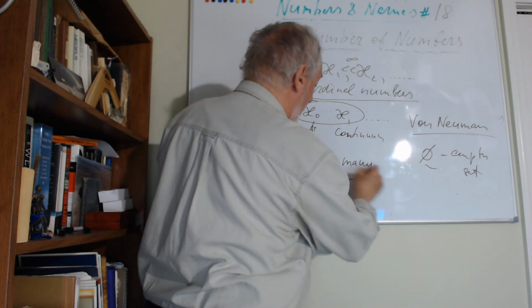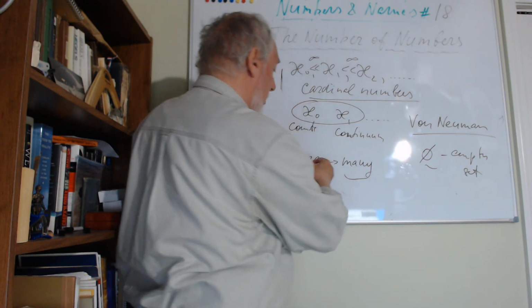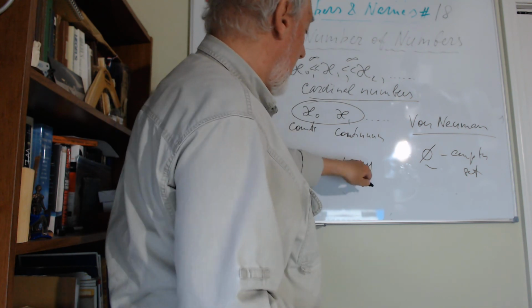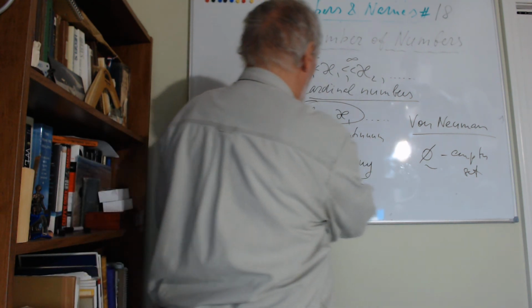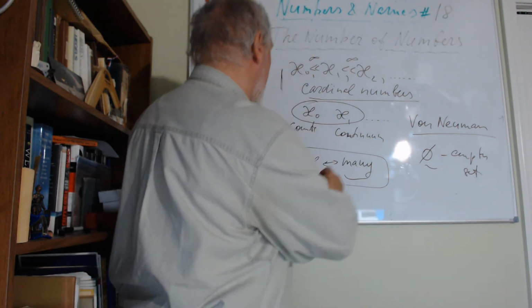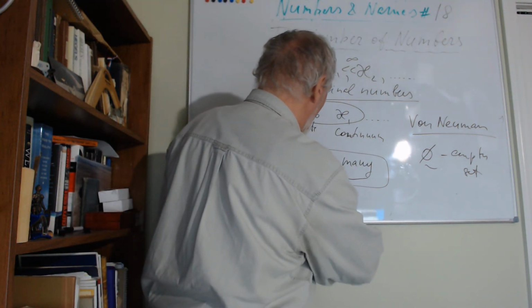So one is opposed to many, and many is opposed to one. Many consists of one, many ones create many, right? So look at this, think about this paradox and create your own paradox.